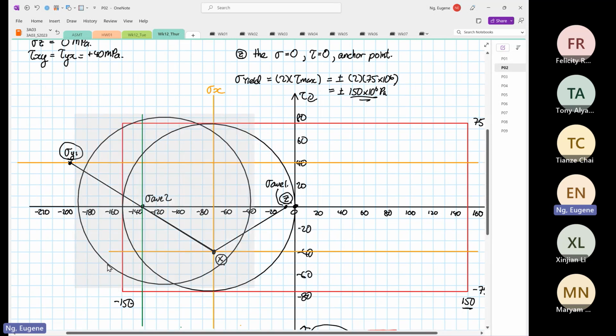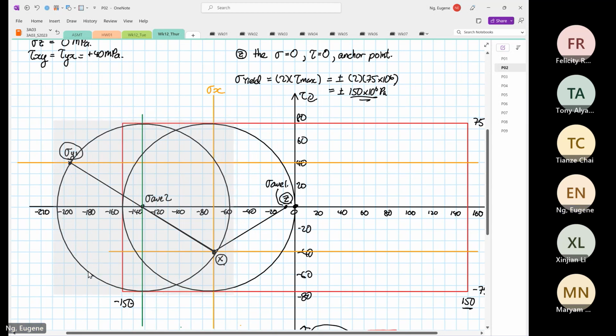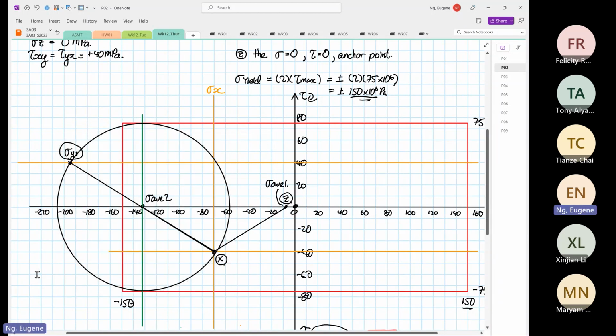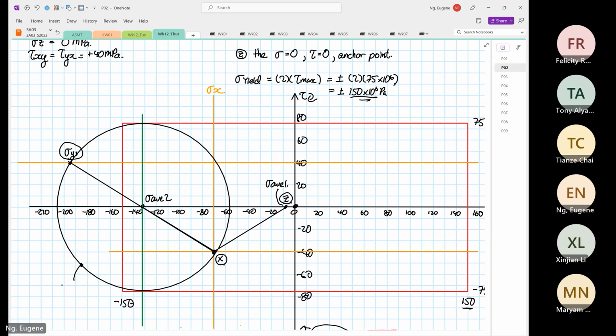So we know one of the circles is here. Right. So this is for the XZ plane. Sorry, XY plane.